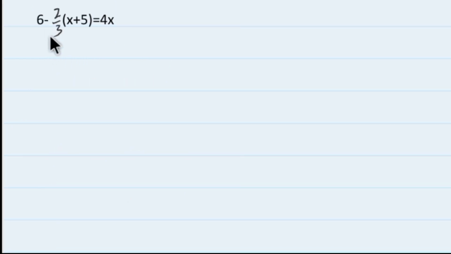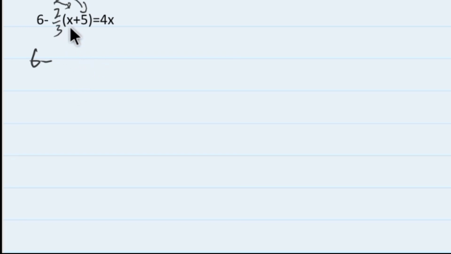Now we solve our next example, that is 6 minus 2 over 3 into x plus 5 is equal to 4x. So our first step is to remove the parentheses. So we will follow the distributive property and we multiply 2 over 3 by x and then 2 over 3 by 5.